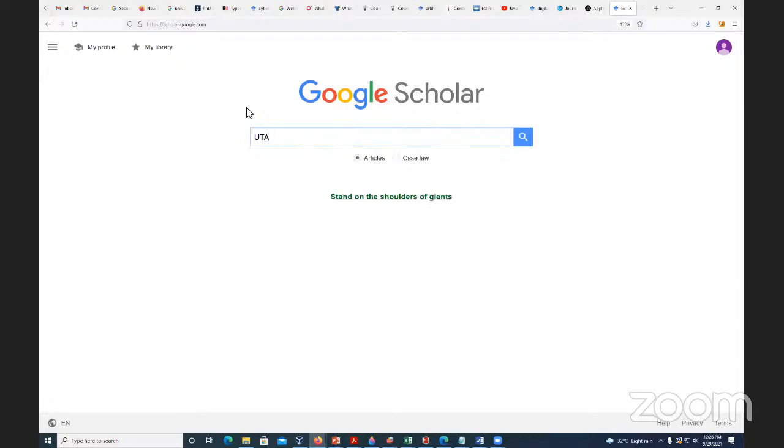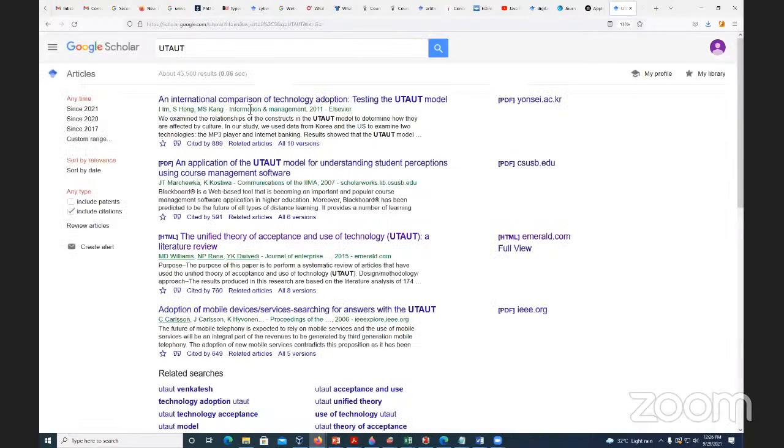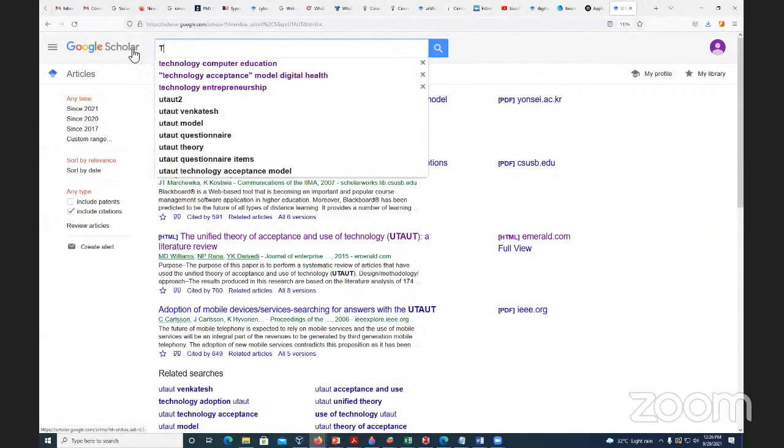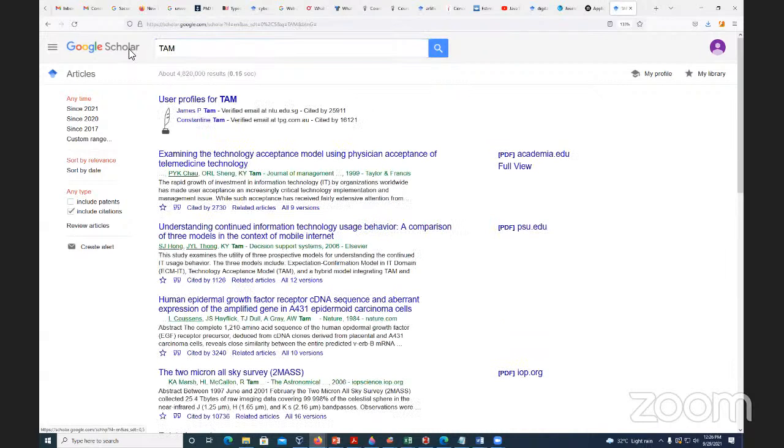There are 2 common models used in technology acceptance. One is UTAUT, which stands for the Unified Theory of Acceptance and Use of Technology, and the other one is simply TAM, the Technology Acceptance Model. There are lots of papers on UTAUT, 43,000, and on TAM there are a lot more, like 4.8 million.